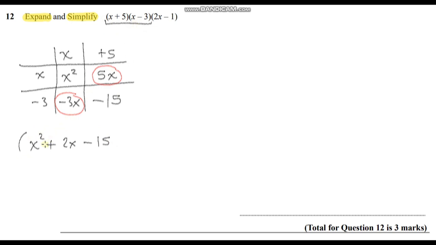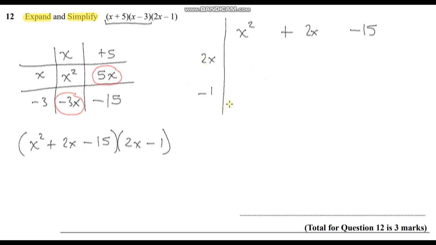So now we've got this, and we're going to multiply it by our final bracket, which is 2x minus 1. And again, for this, I'm going to use the grid method. So I've got x squared plus 2x minus 15, and I've got 2x, take away 1.